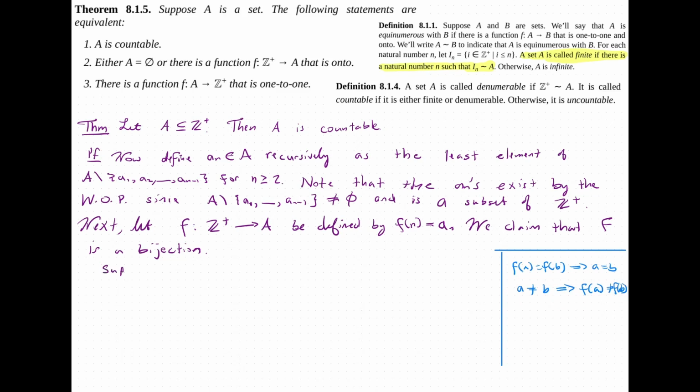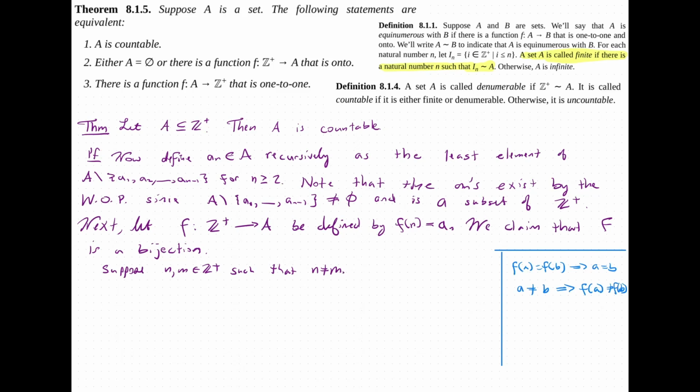Okay, so let's go ahead. So suppose that n and m are positive integers such that n does not equal m. Well, if n does not equal m, we have two possibilities: n is less than m, or n is greater than m.